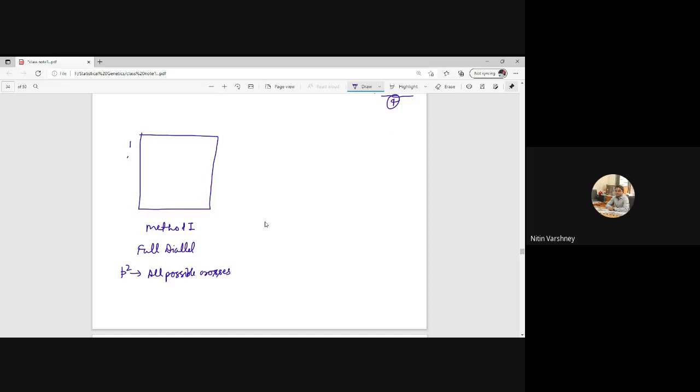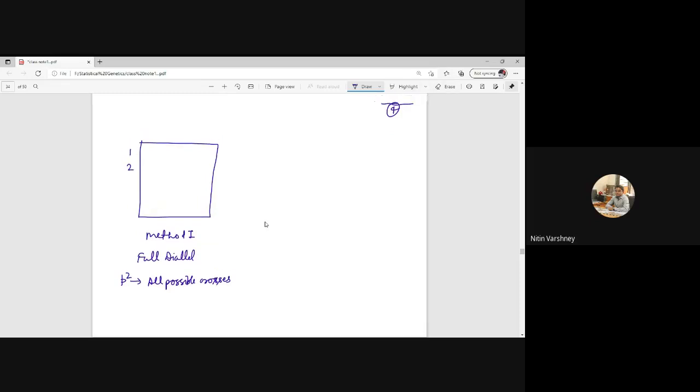I am considering 1, 2, 3 here, and here also 1, 2, 3. Suppose I am simply writing y11, y12, y13, y21, y22, y23, y31, y32, y33.